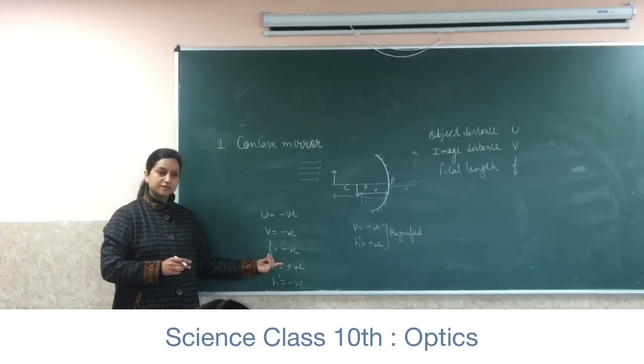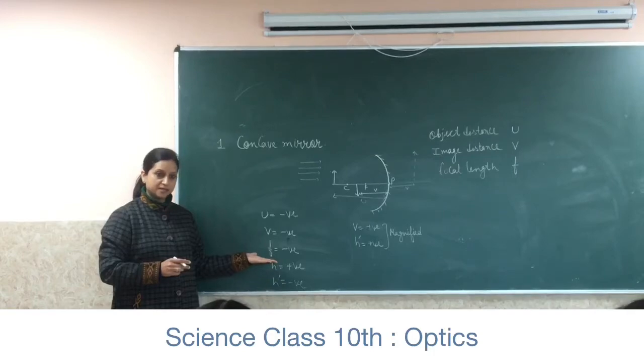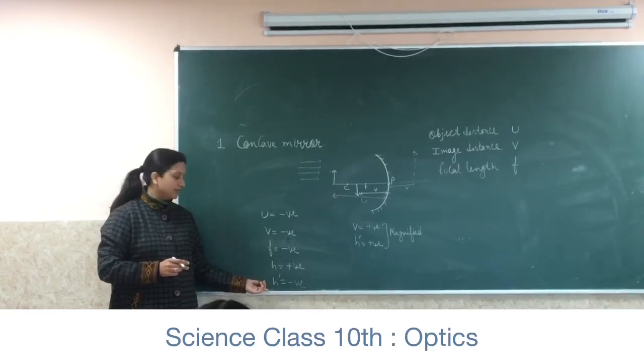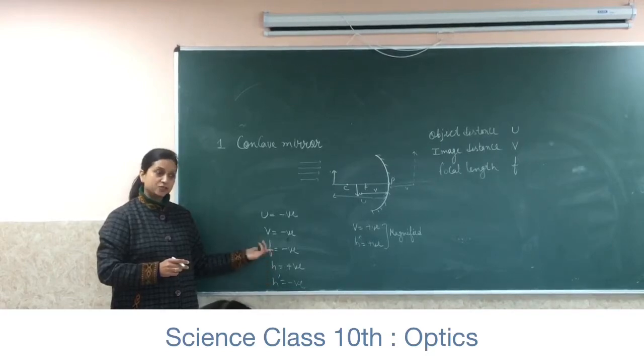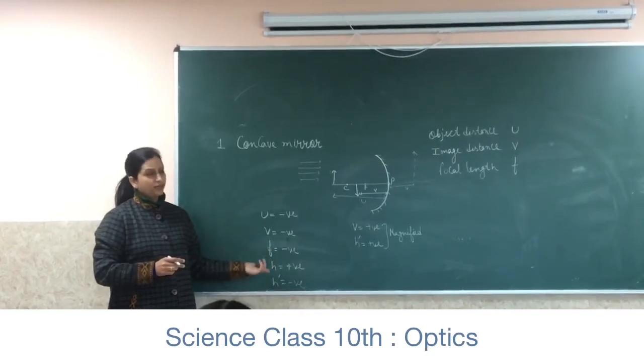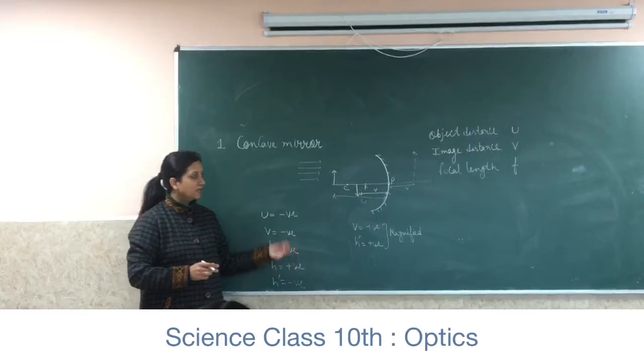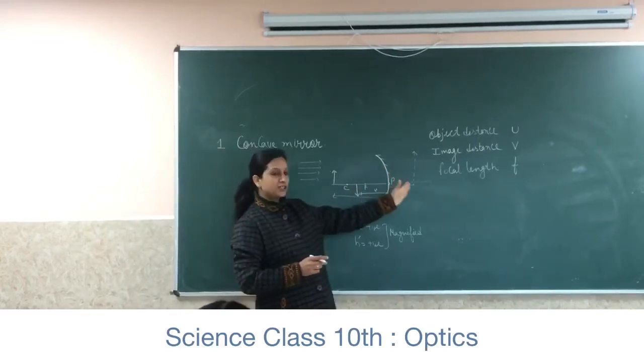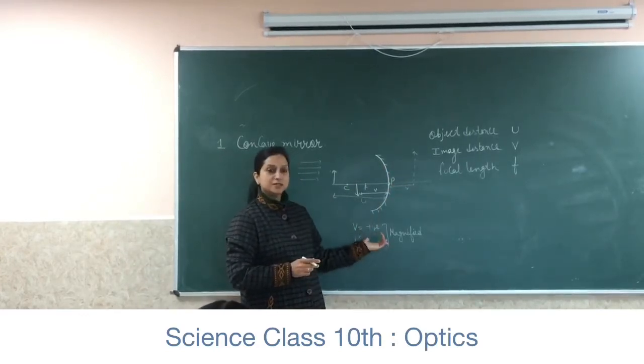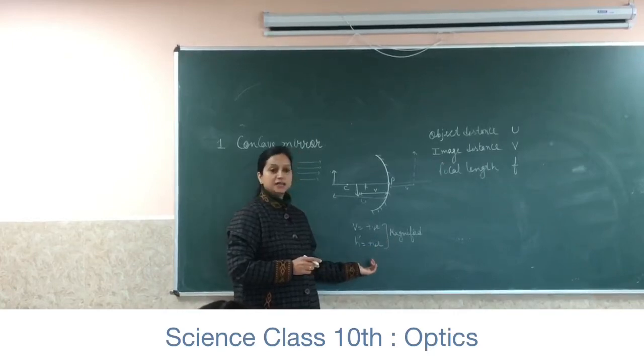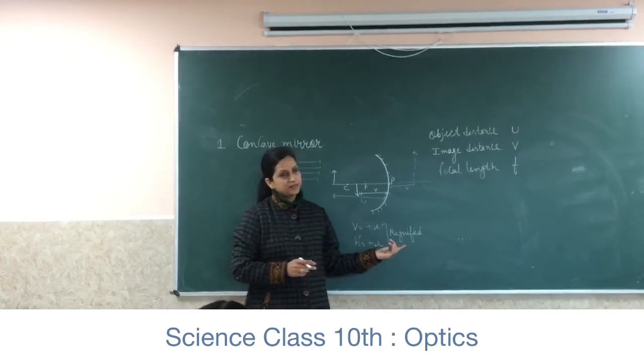Height is positive because it is perpendicular to the principal axis in the upward direction. Here height will be taken as negative because image is inverted, in the downward direction. In case the image is virtual and direct, then the image distance will be positive and height will also be positive. Is that clear to everybody?